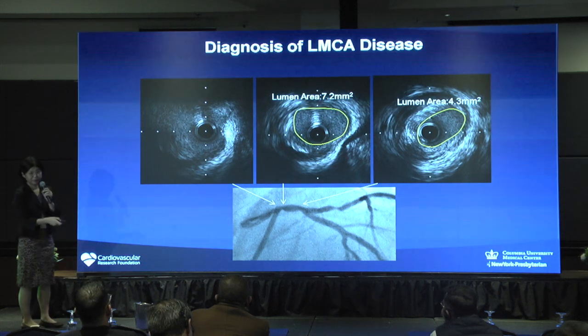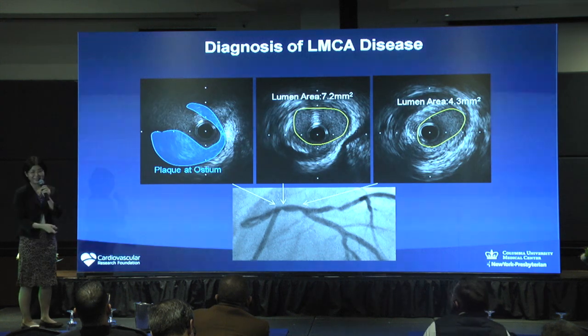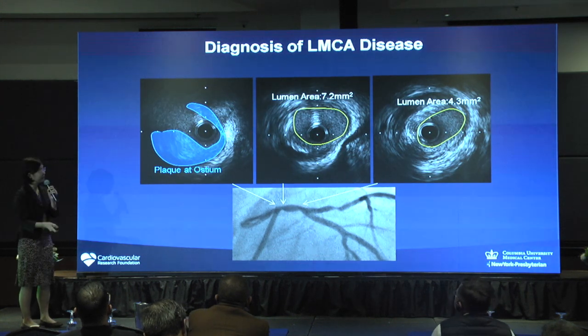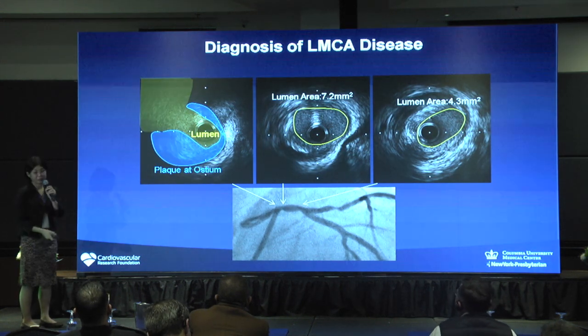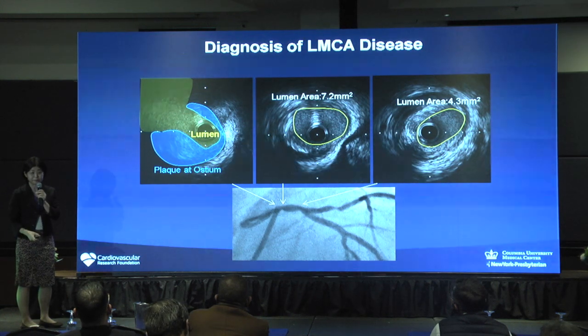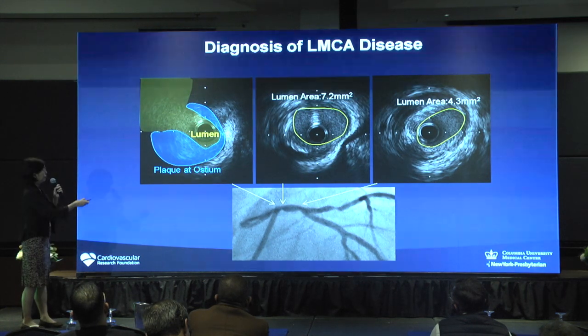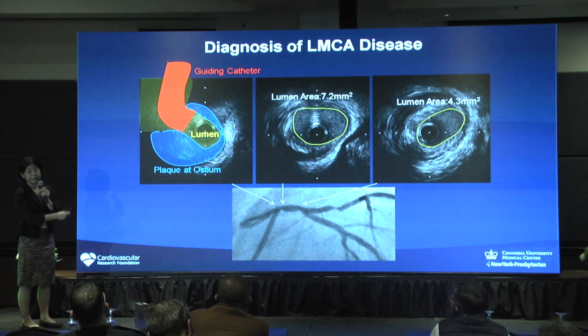And for the ostium, I can make a cartoon for you. This is a plaque. Wow, this is significant. This is a lumen. It's not significant because the lumen is already connecting to the aorta. This is not causing a small lumen. And the reason we feel this is damping or looks stenotic by angio is because the guide was sitting like this.